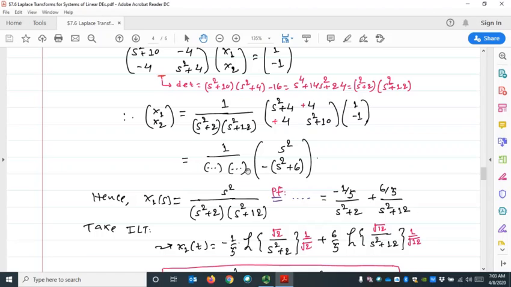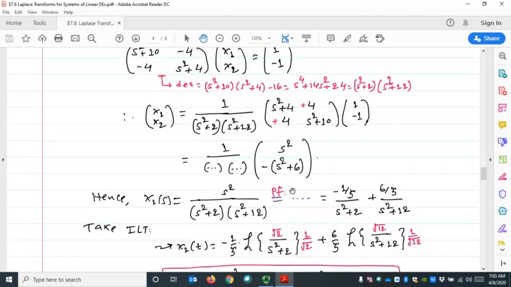First, let's work on capital X1. So capital X1 equals s squared over (s squared plus 2) times (s squared plus 12). Use partial fractions to write this fraction as a sum of simpler fractions. Here both of the factors are quadratic, so you need to introduce a linear factor on the top.